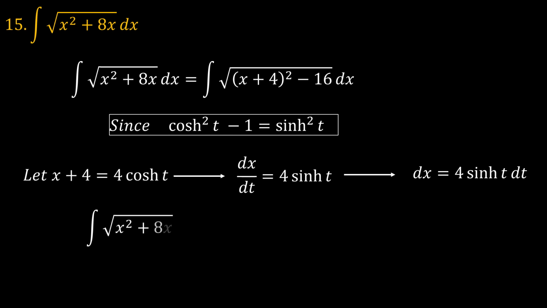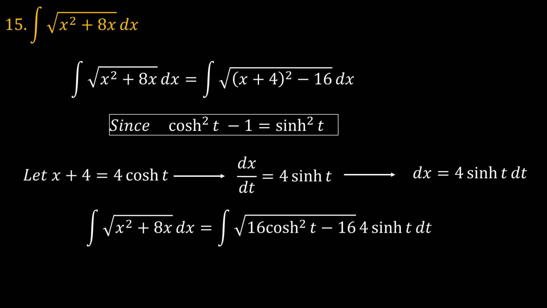And so this expression now becomes the square root of 16 cosh squared t minus 16, all that obviously under the square root, times in place of dx we have 4 sinh t dt. We can pull out the 4, and so we have cosh squared t minus 1, and then we still have 4 sinh t dt here.